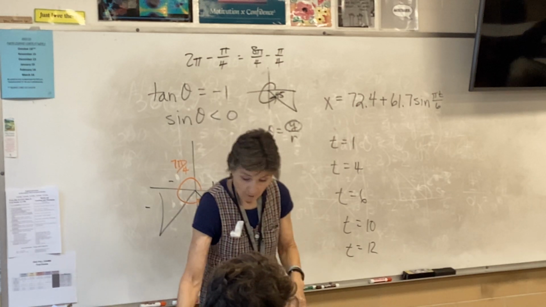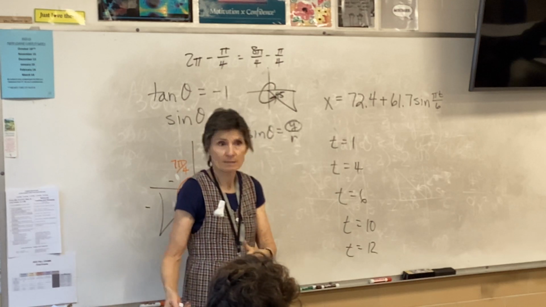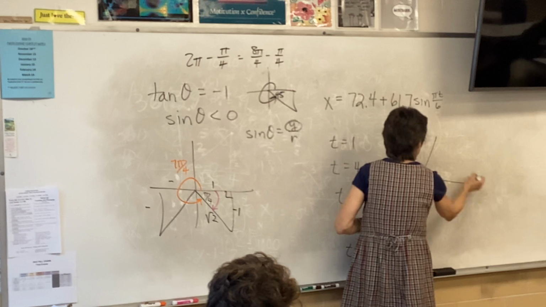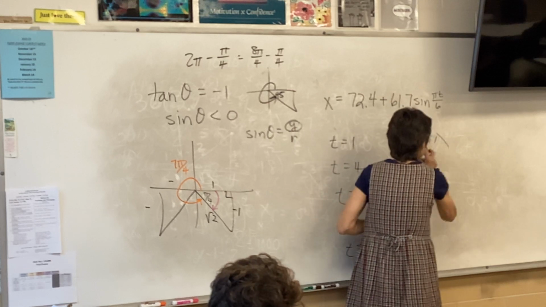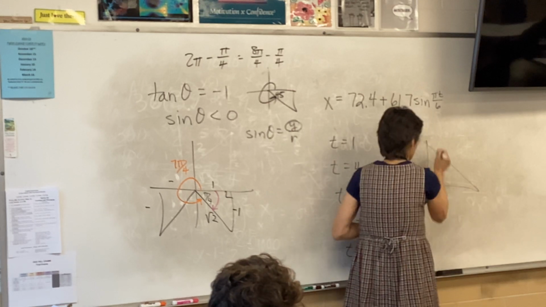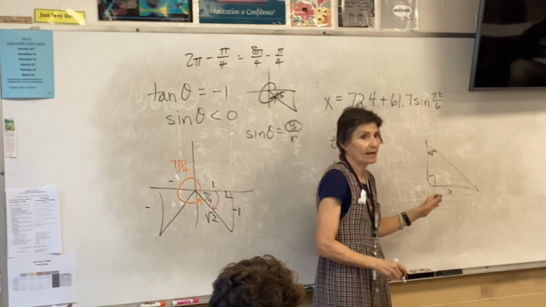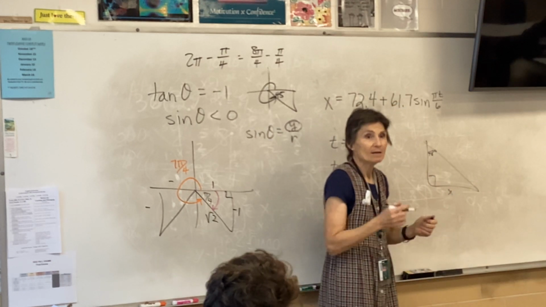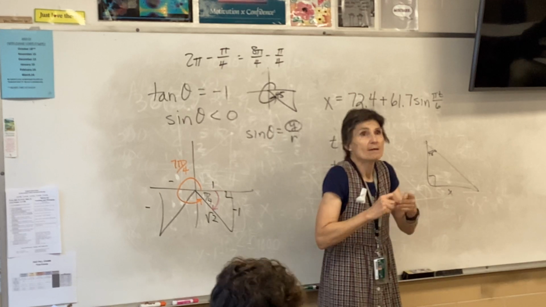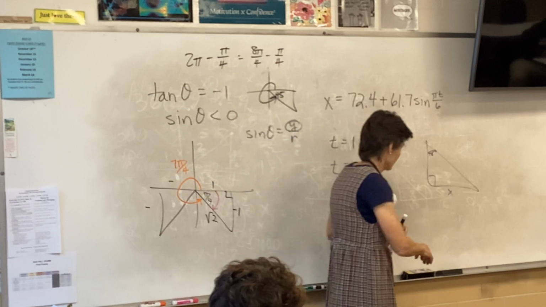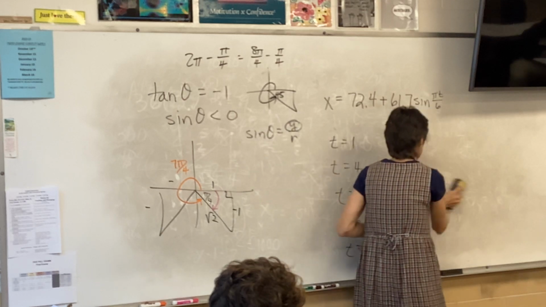Be careful, though. Mine's in radians from the last time I used it. But if I have a problem like in my homework where I'm solving the triangle and this is 48 degrees and I have to find x, I need to be in degrees. Get in the habit of checking when you turn it on, and then resetting it if you need to.